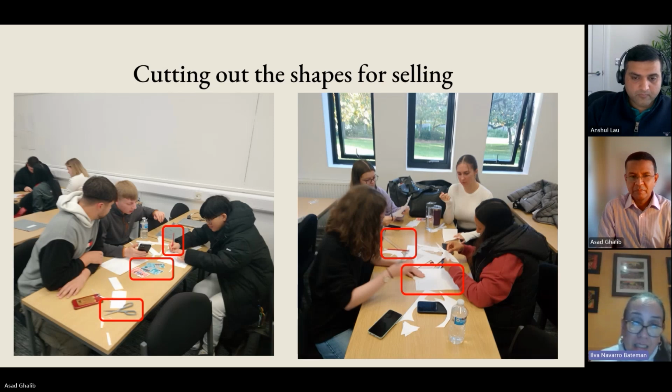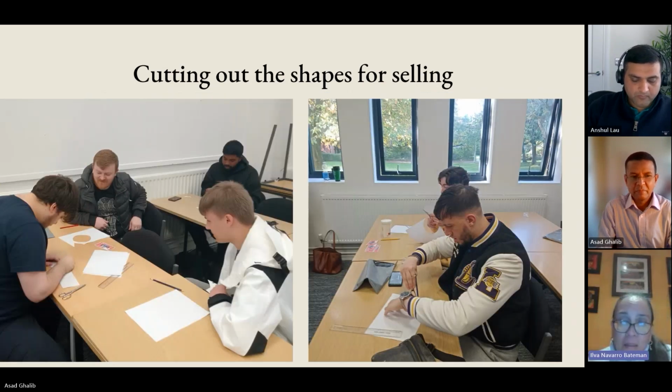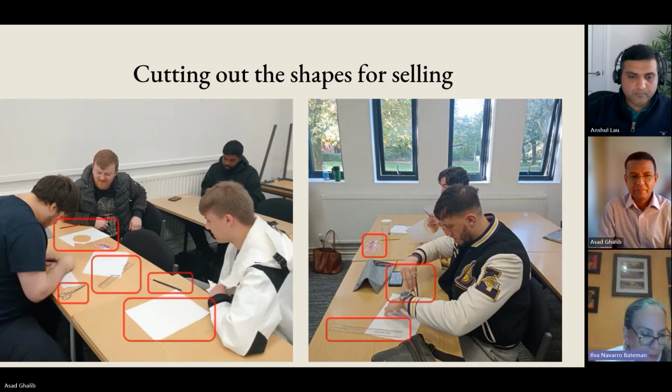If we look at the next picture, we see that groups also have to make decisions about how they organize themselves, how they are going to divide the labor. So the group on the left, you can see that there's only one person who's manufacturing, although we can see on the table that there are probably enough resources there for all the others to do something.